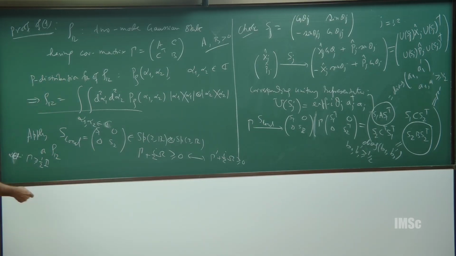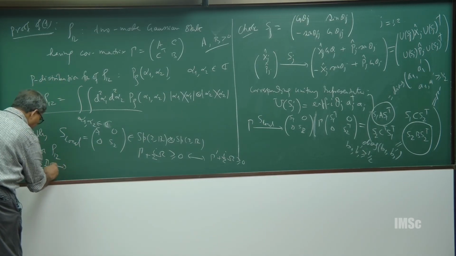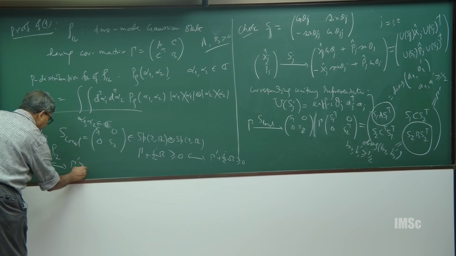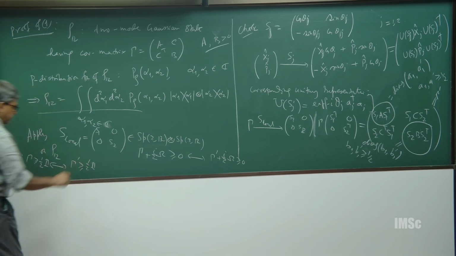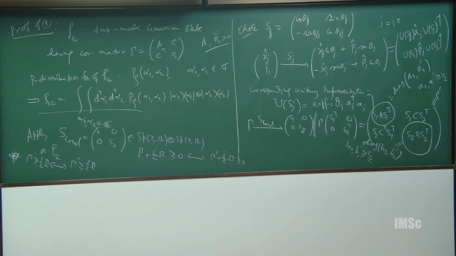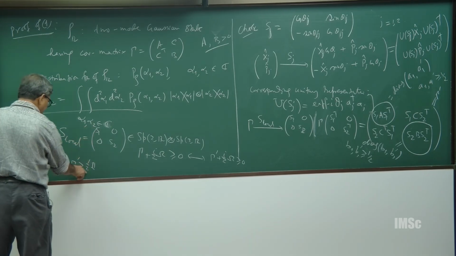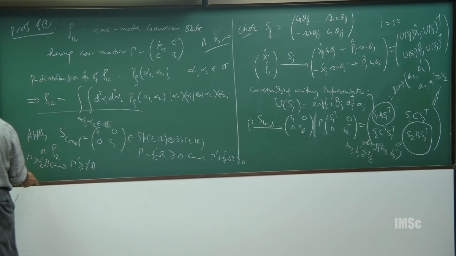So, this is equivalent to saying that gamma prime is greater than or equal to half identity, right. So, if I can prove this for gamma prime, then it is equivalent to proving that gamma is greater than or equal to half identity. Okay. Right.